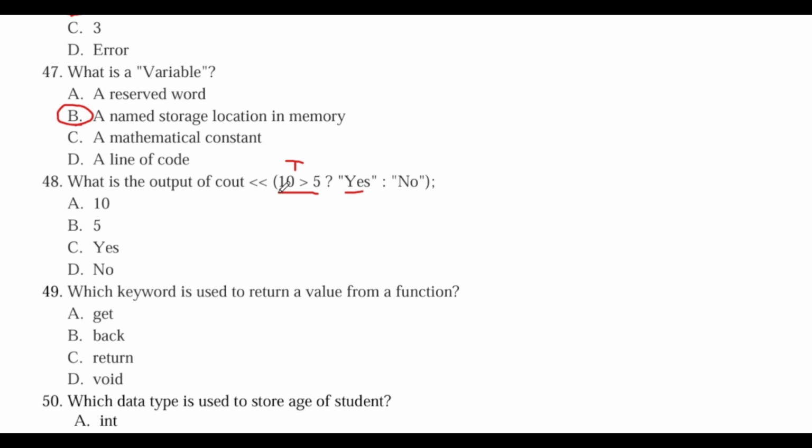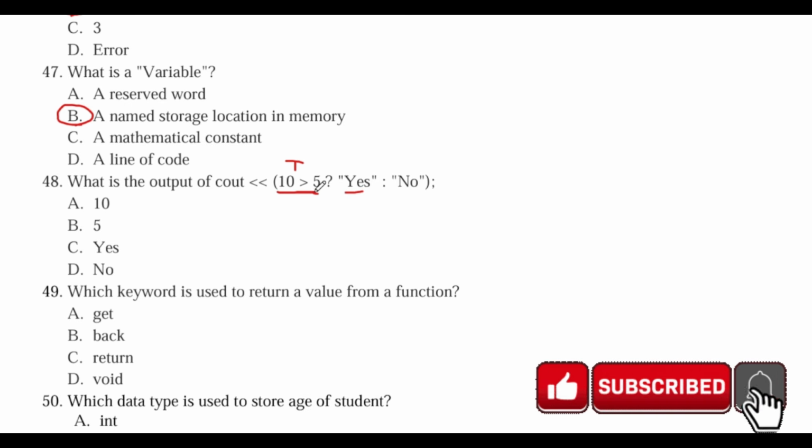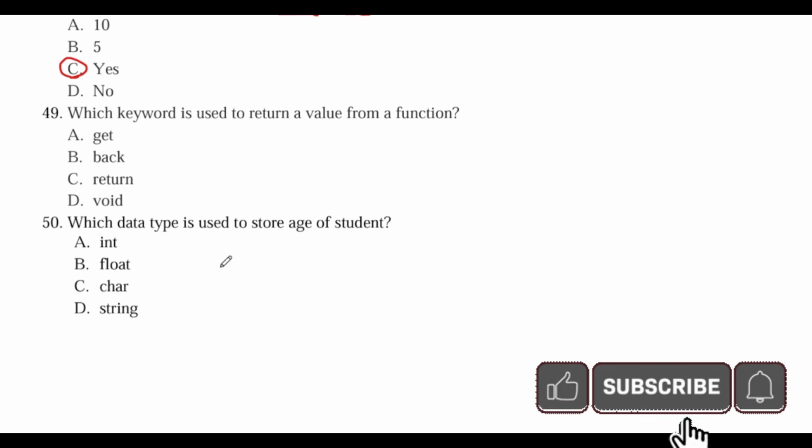If this statement is false, it displays the second after the colon, no. So now the answer is yes, because this statement is true. Question number 49. Which keyword is used to return a value from a function? That's return.